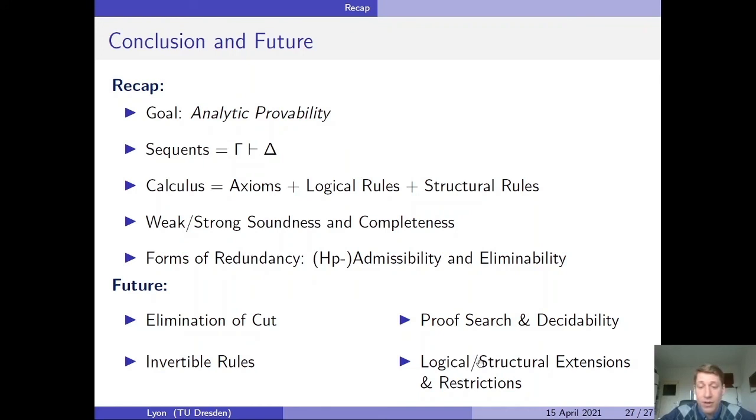And then also, I'll give a lecture talking about structural extensions, meaning extensions of sequents using much more complicated data structures, like, for example, labeled sequent calculi or nested sequent calculi, which are used in modal logics and temporal logics, as well as description logics.